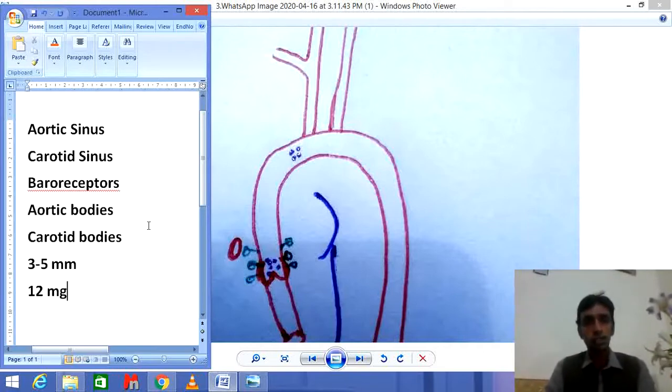Achha, the aortic bodies and carotid bodies contain a large number of small receptors. Just like I have made some receptors over here, but these are baroreceptors. But on the aortic bodies, a large number of small receptors are there, and those receptors are called chemoreceptors.